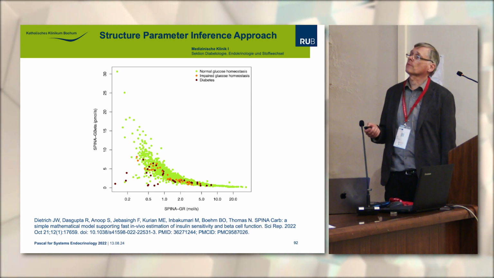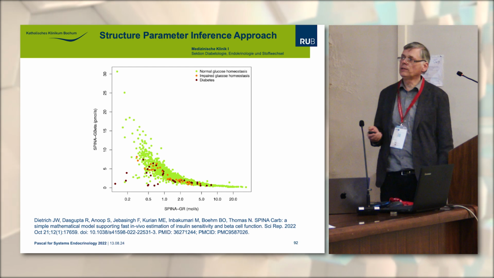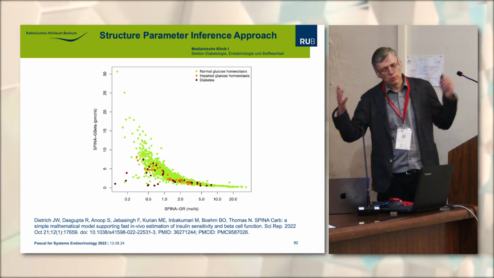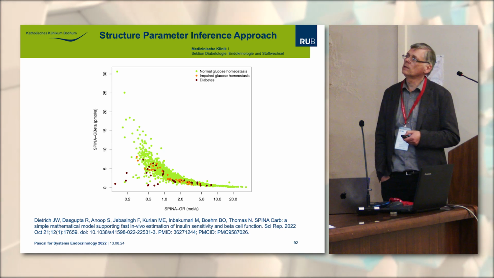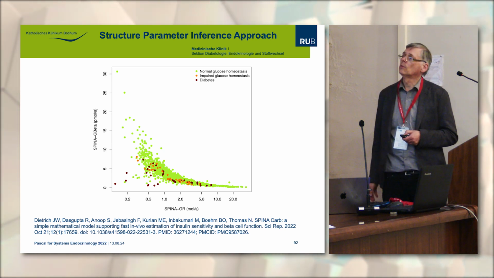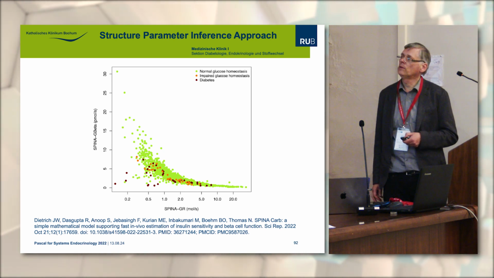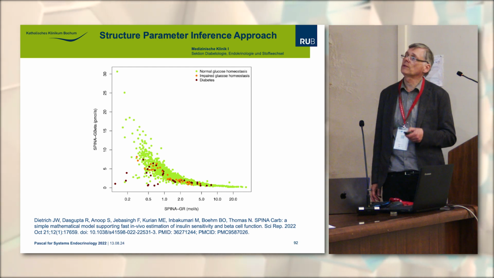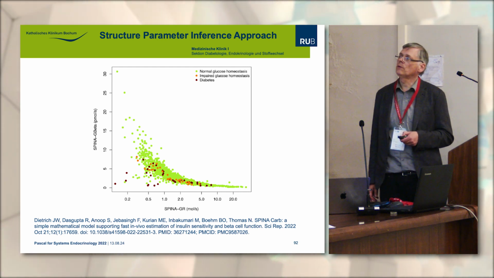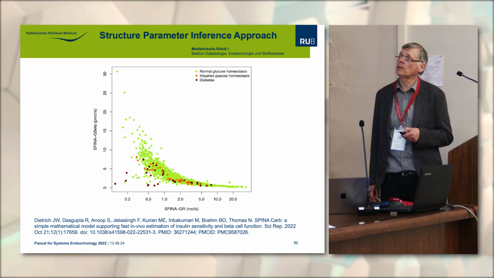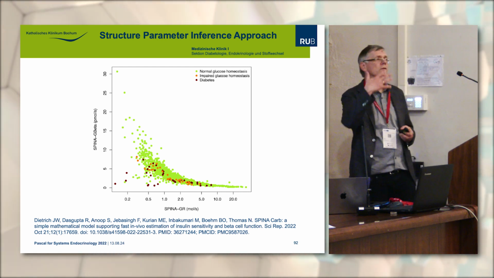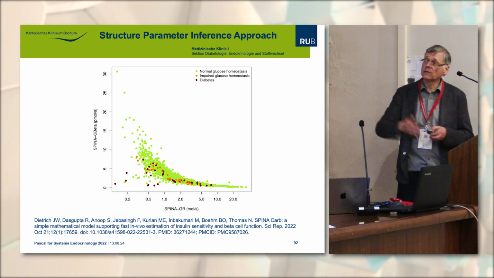This is a compilation of the enhanced data sets, a very large population-based study in the United States. And what we see here are the green dots are healthy volunteers, and we see here insulin sensitivity, and here we see beta cell function. And we see if insulin sensitivity goes down, is worse, and the beta cell function is compensatorily increased.